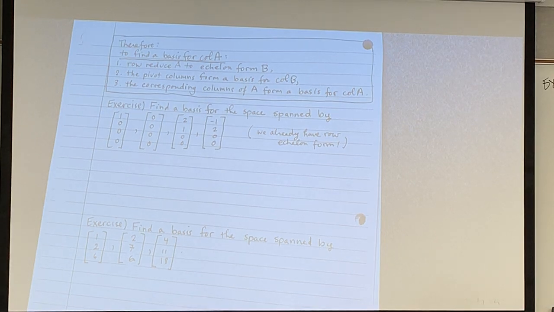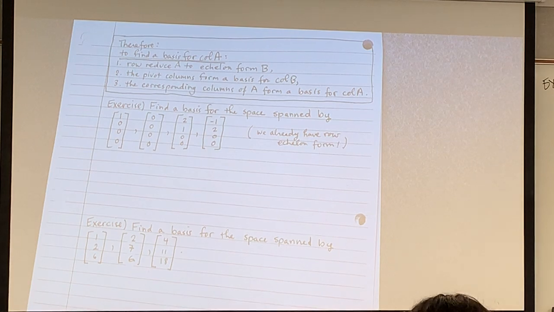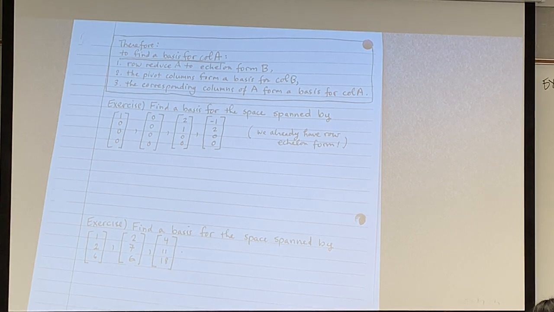And what I got was 1, 0, 0, 2, 1, 0, 4, 1, 0. Okay. So in my row reduced form now, I have a pivot column in the first column, I have a pivot column in the second column. Third column is not a pivot column. So these are the pivot columns.